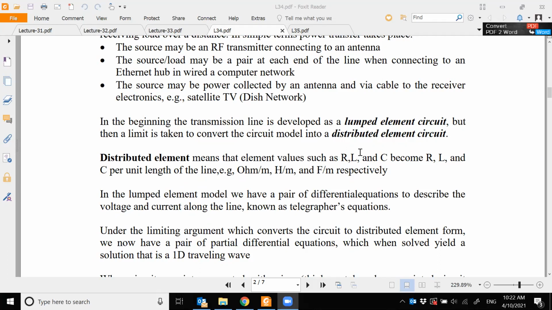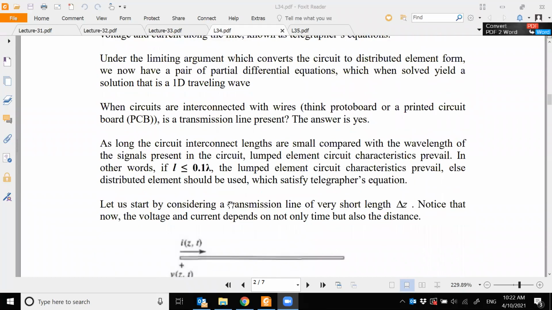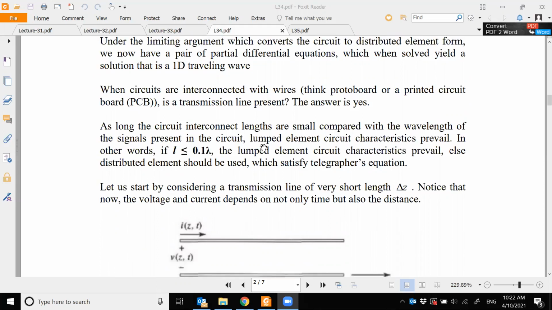And why do we do that? It depends on your operating signal frequency. The lumped element circuit theory works very well when the circuit interconnecting lengths are small compared with the wavelength of the signal.